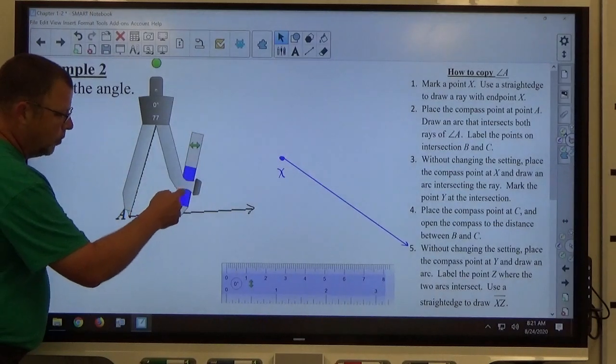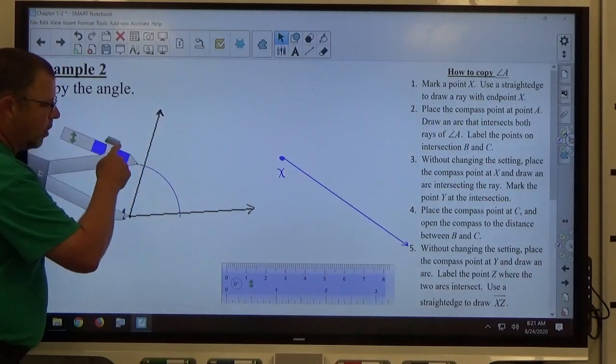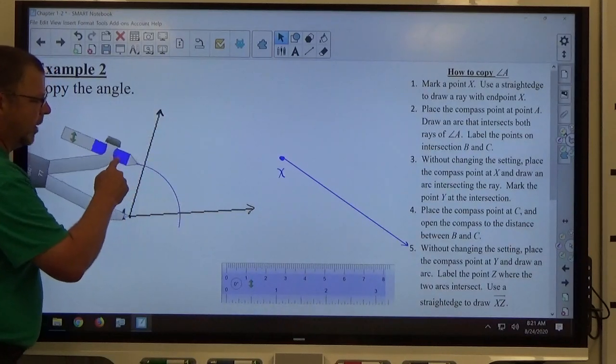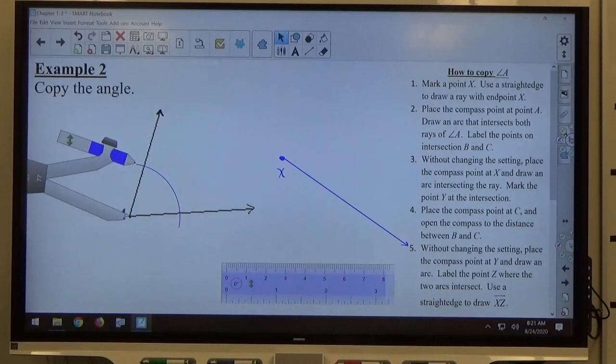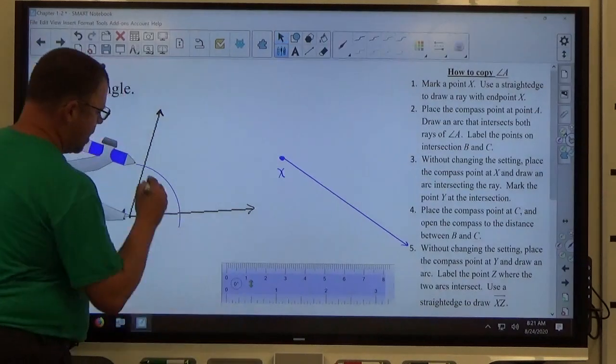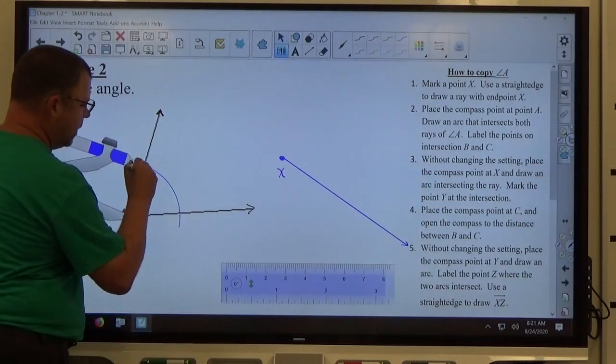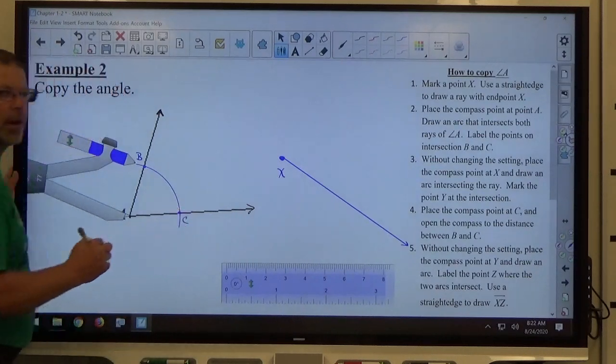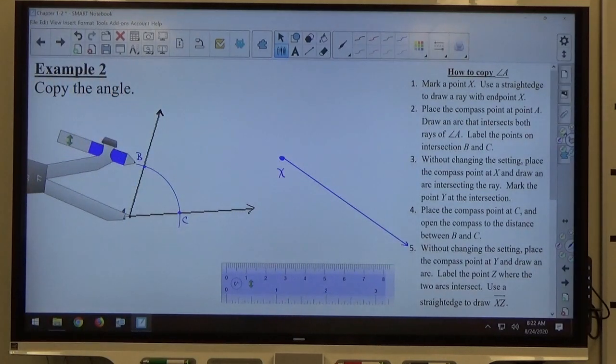Okay, and I'm going to draw an arc that intersects both rays that make angle A. I'm going to identify this point up here as B, and this point down here is C, or vice versa. It doesn't matter which one's which. Again, I'm labeling things with names so that I can refer to them in the directions. So whatever you call them doesn't matter.